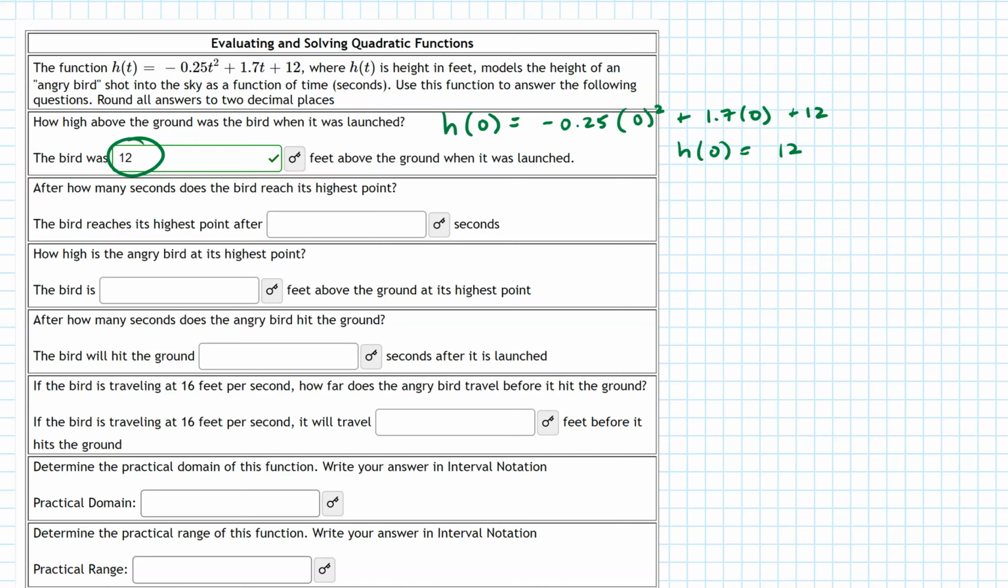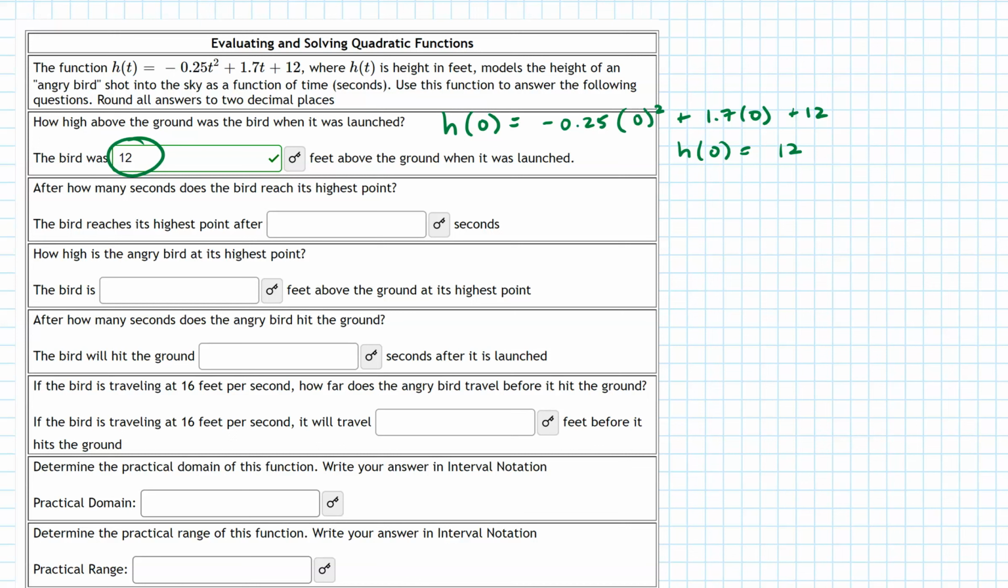The next question says, after how many seconds does the bird reach its highest point? Now, this is going to require us to find the vertex, and there are several different ways that we could go about doing that. One of the ways is by using the formula negative b over 2a.